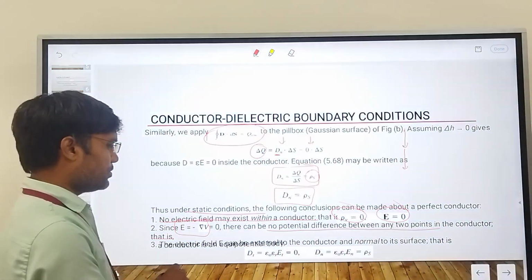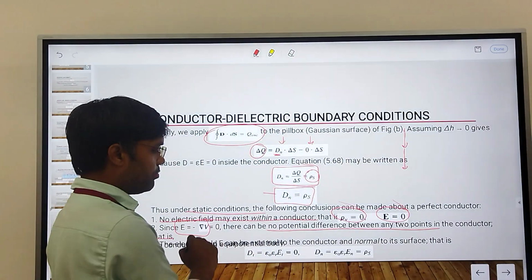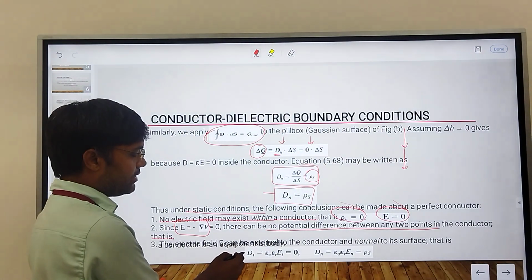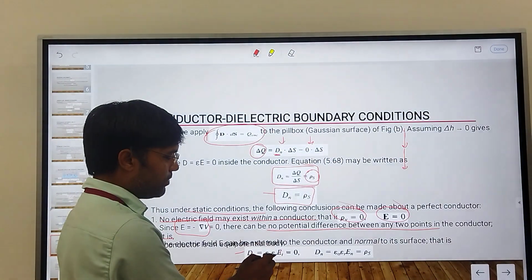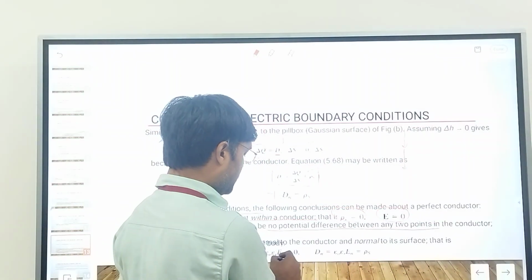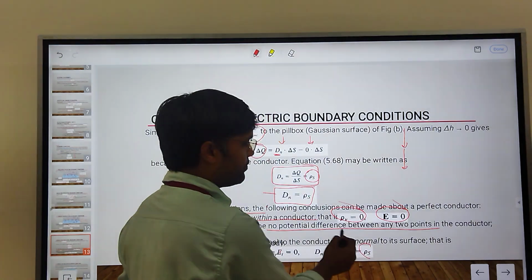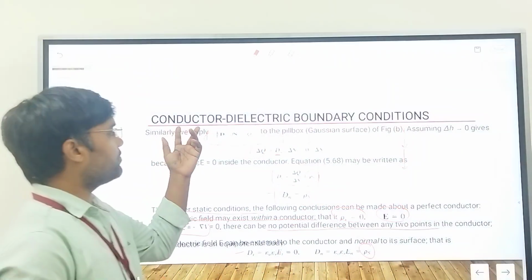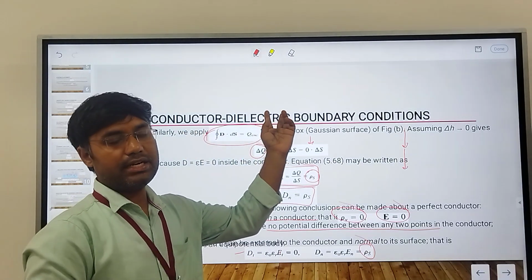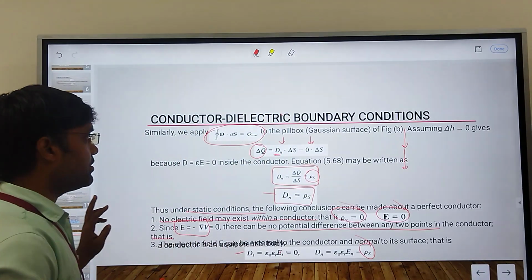By using this, the tangential component D_t equals epsilon naught E_t equals 0. The tangential component will be 0 and the normal component will be the surface charge density. So this was the boundary condition where one side is a conductor and the other side is a dielectric material.